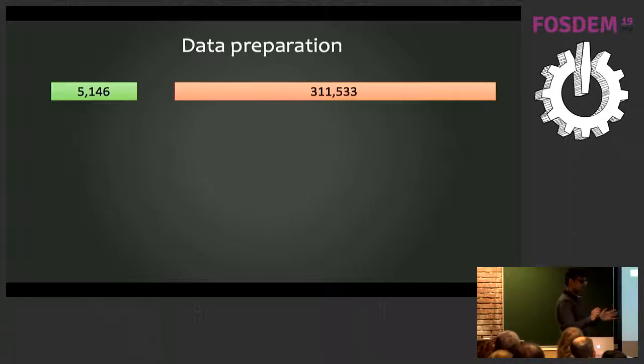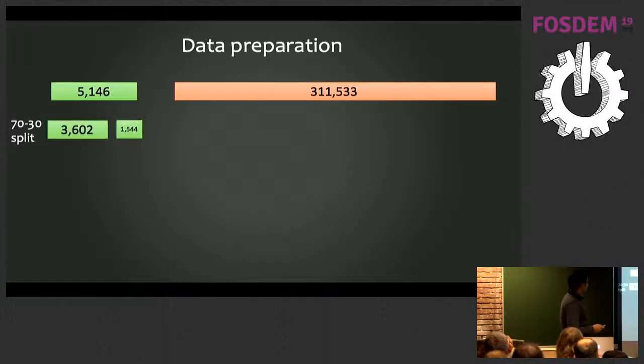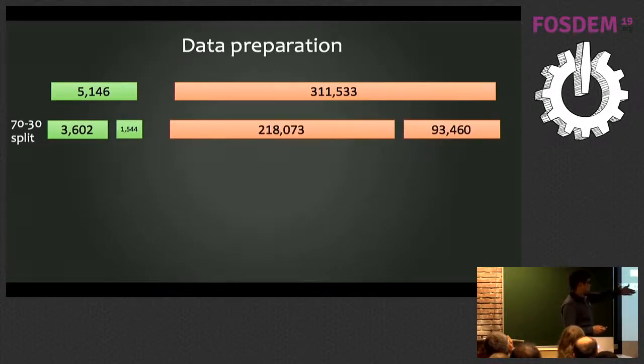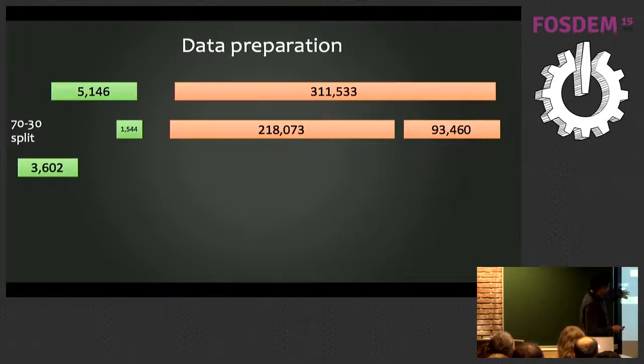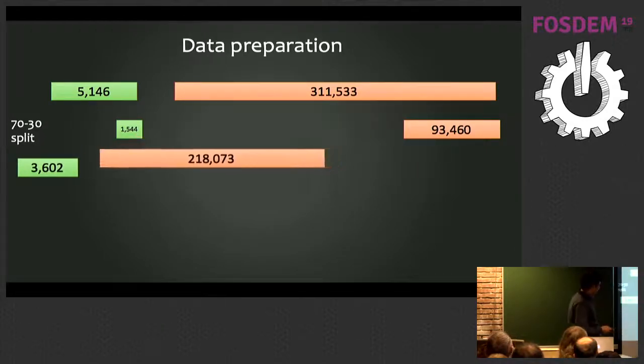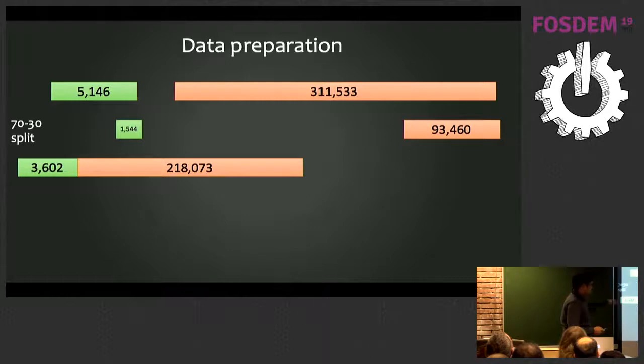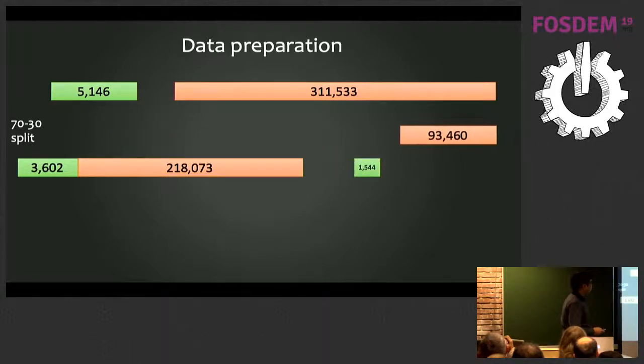So you can see that it's highly imbalanced data. And that we split into 70-30, 70 for training and 30 for validation. For training, we take this positive part and this negative part. And similarly for the evaluation, we do the same.